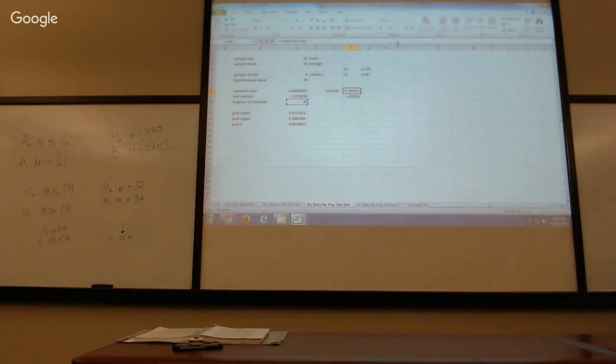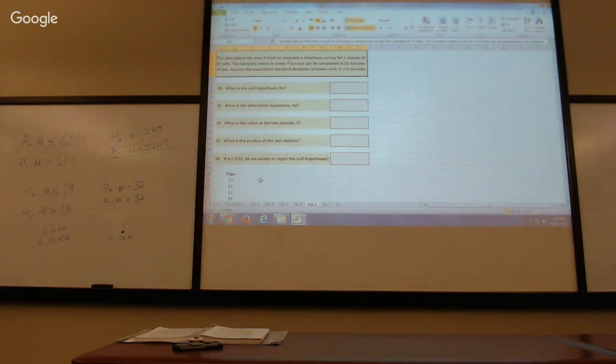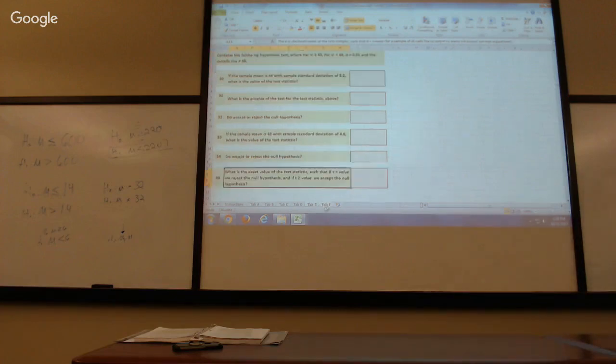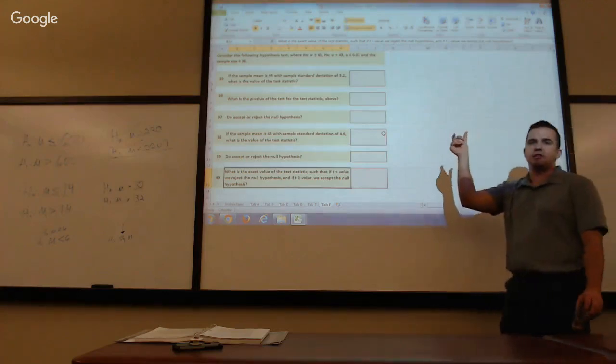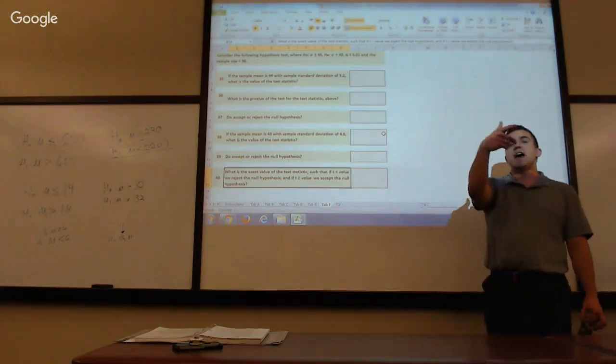Because of the way the question is worded, since it's a lower tail test, it's going to be a negative number. What they're essentially asking is, given this probability percentage, 0.05, give us a value.